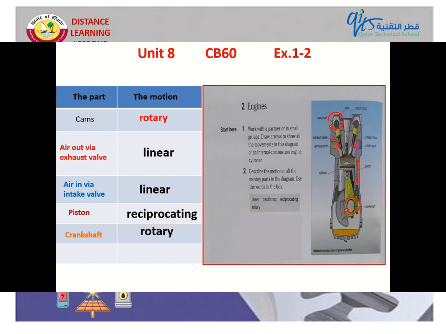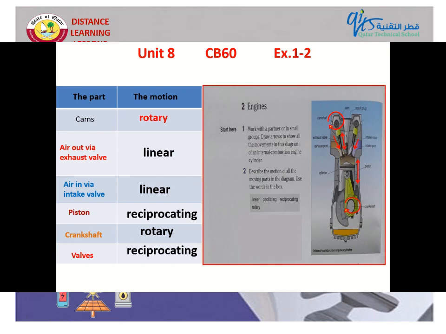And the last one is the valves. The valves move up and down. So it is reciprocating motion.